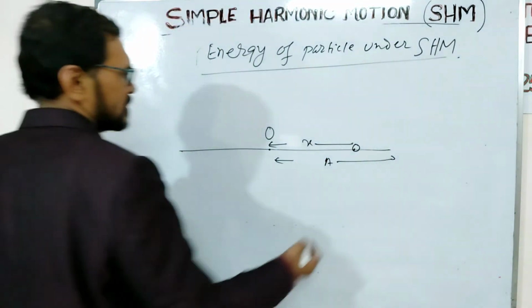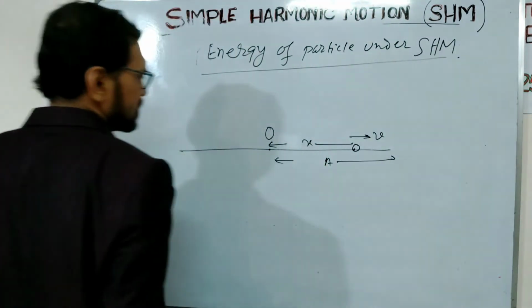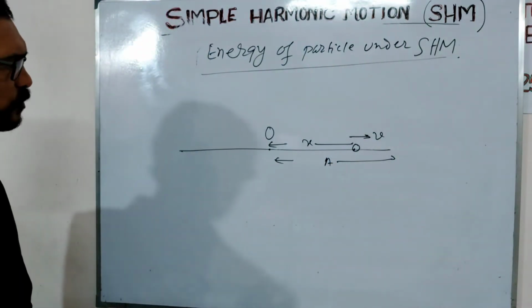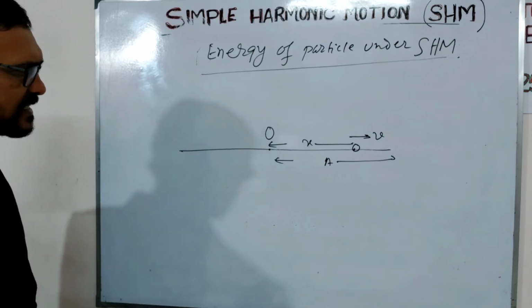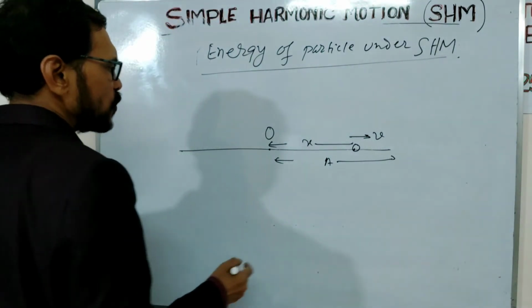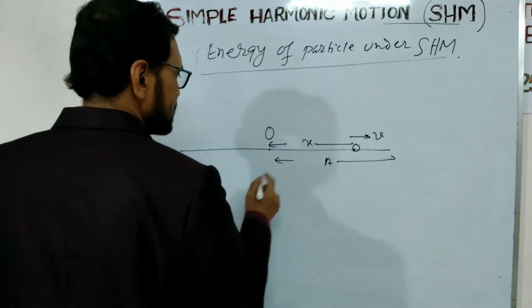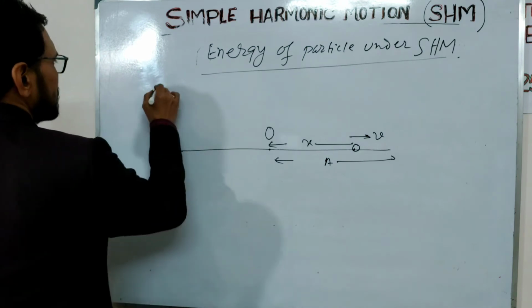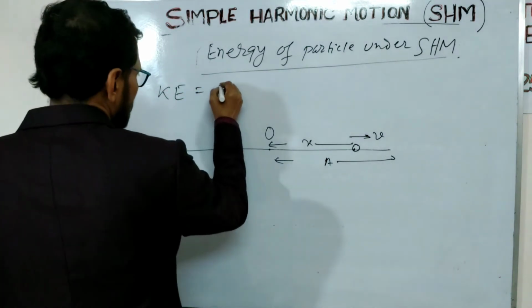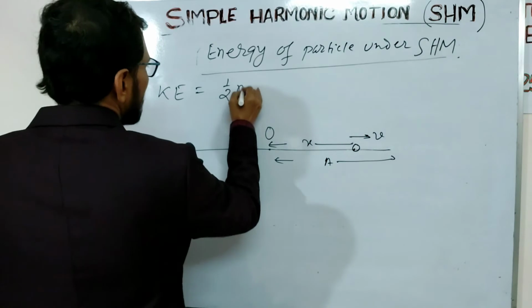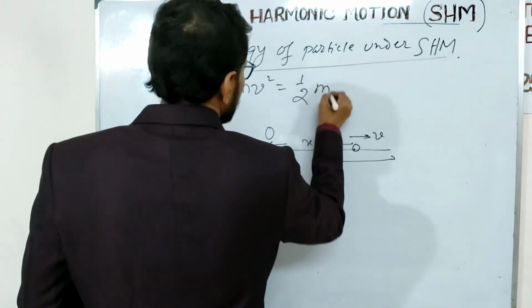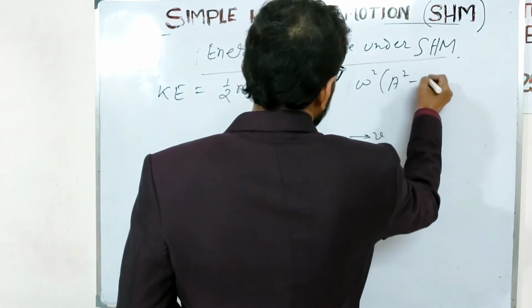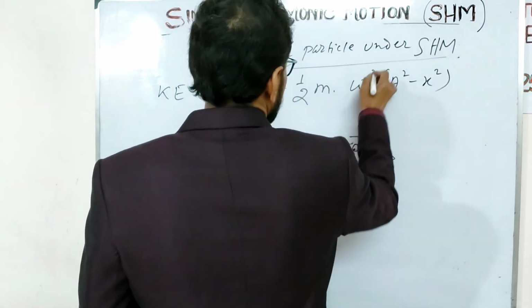Now here, due to velocity, the particle possesses some kinetic energy. So kinetic energy of the particle equals the energy possessed due to its velocity, which is half m v square, equal to half m omega square into a square minus x square. So this is the kinetic energy.